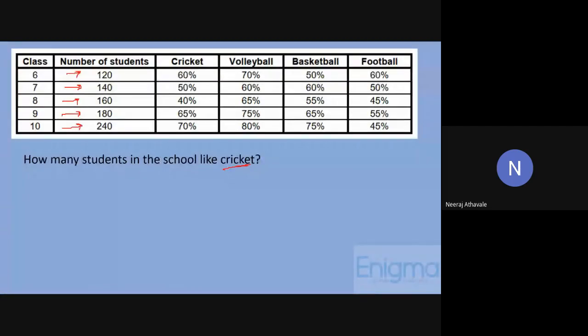Try to calculate the students who like cricket in each standard, from 6th till 10th, and add them up.